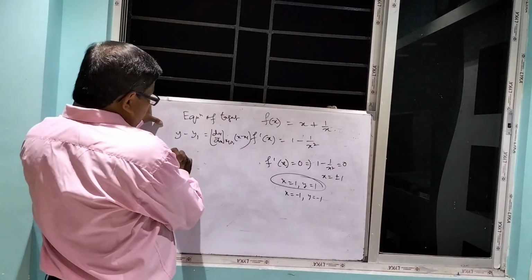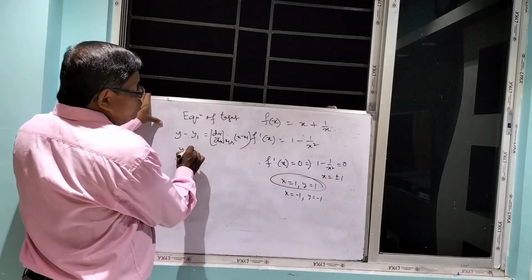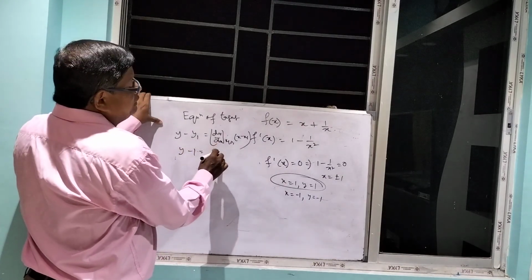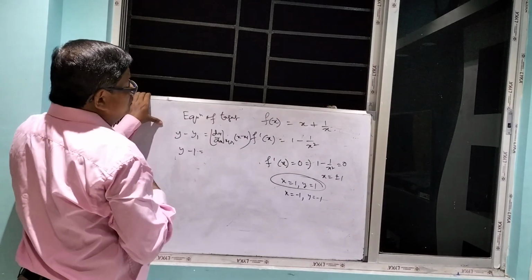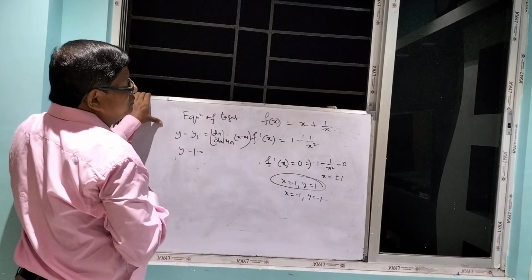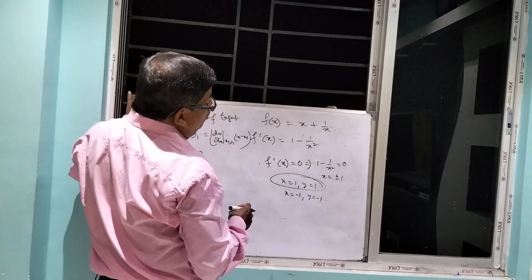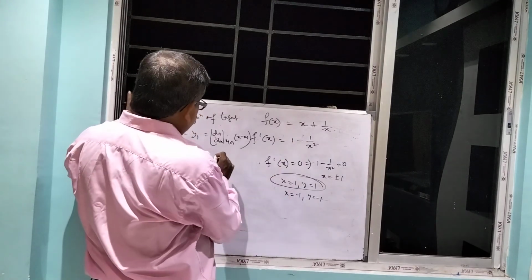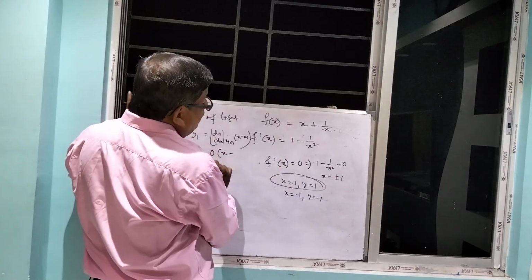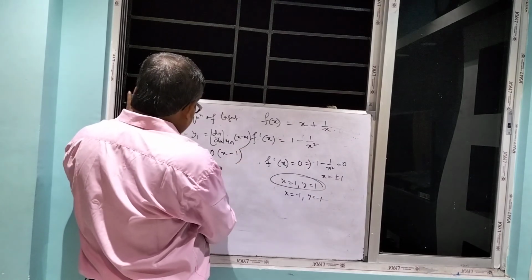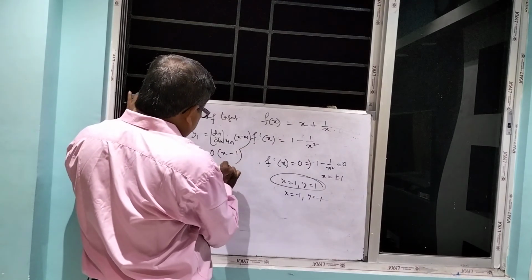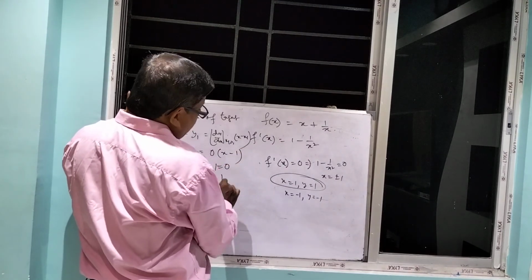So write y minus 2, dy/dx is there now at the point. If you put 1, so 1 minus 1 is 0 there. x minus x1 is 1. So y minus 2 equal to 0, that is y equal to 2.